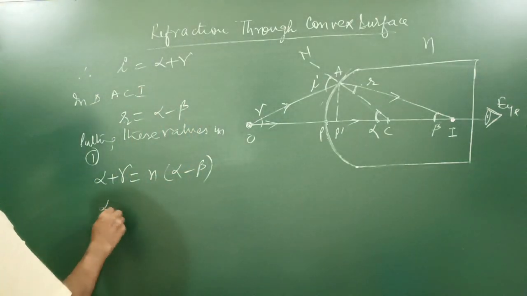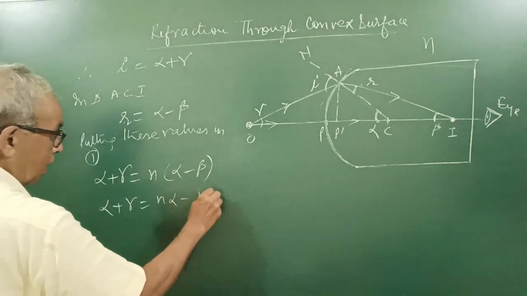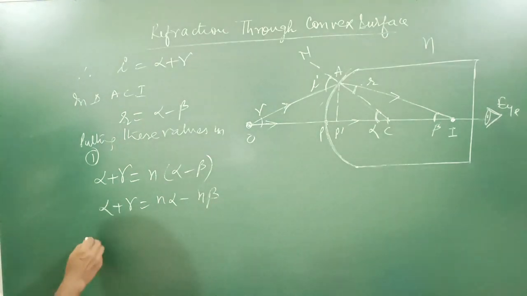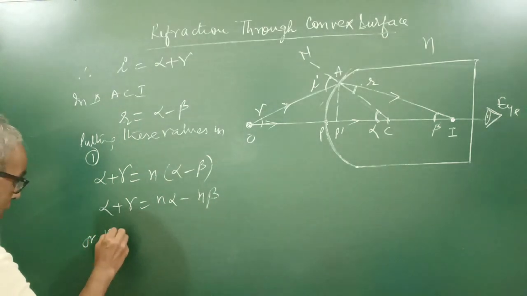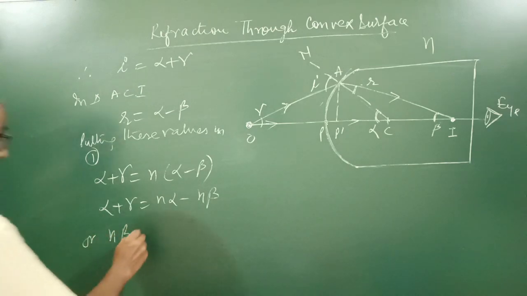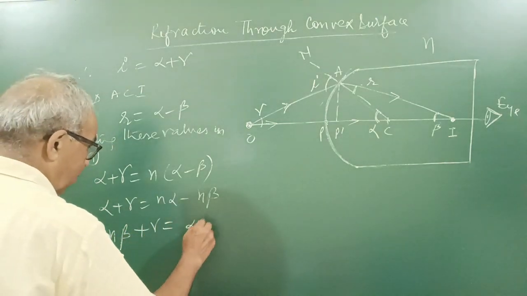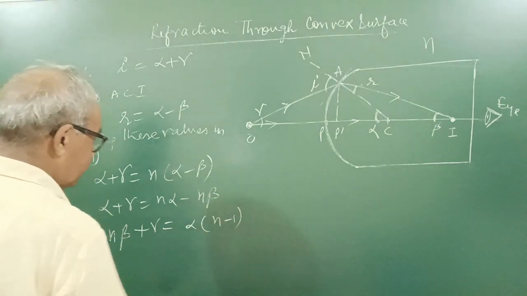How? Alpha plus gamma equals n alpha minus n beta, or n beta plus gamma is equal to alpha into n minus 1.